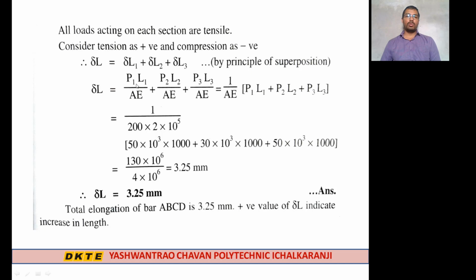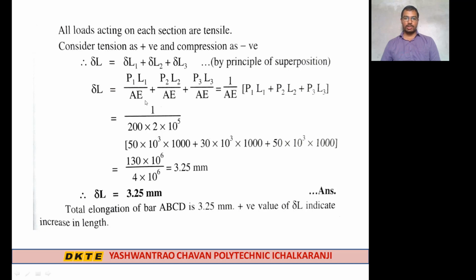The formula of dL is equal to PL upon AE. P means load acting on the first section, L means length of the first section. That means P1 L1. P2 L2 means load acting on the second section and length of the second section. P3 L3 means load on the third section and length of the third section.